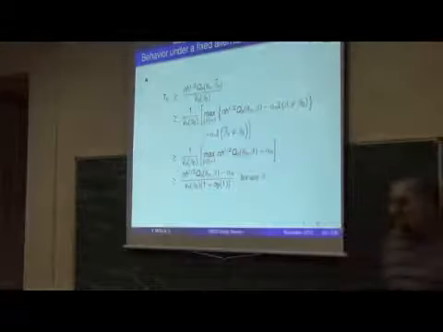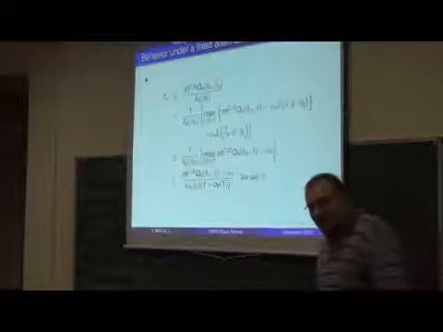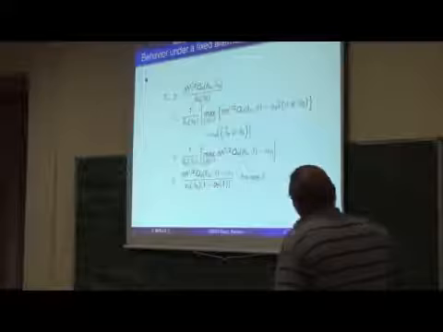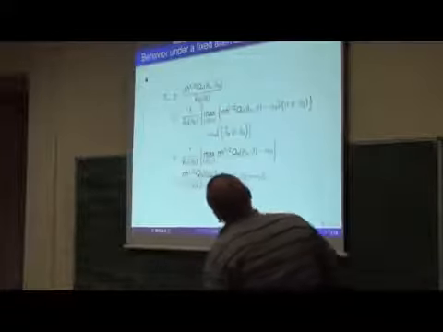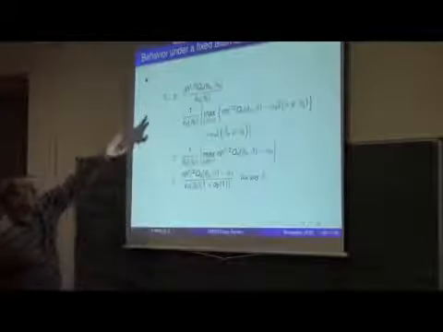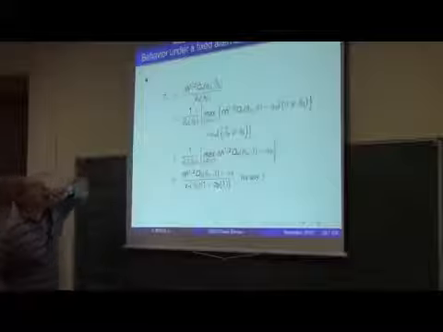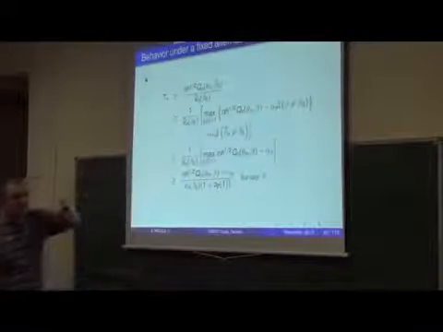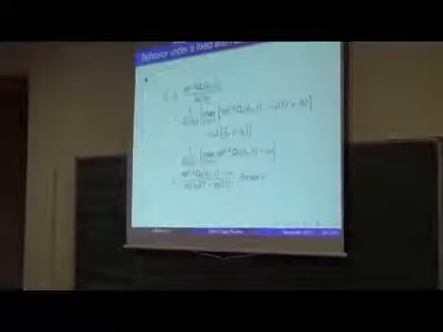Well, let's try to understand why the test is consistent against any fixed alternative. So, by definition, the test statistic is larger than the one where you take the variance here to be beta naught, because we took the minimum between two variances.